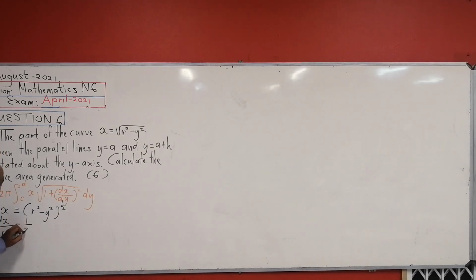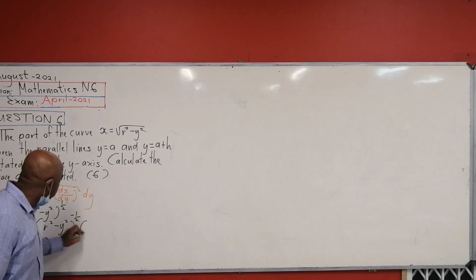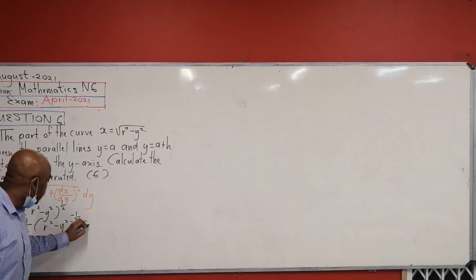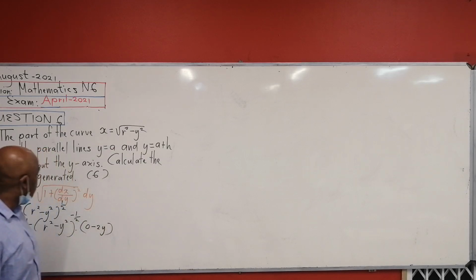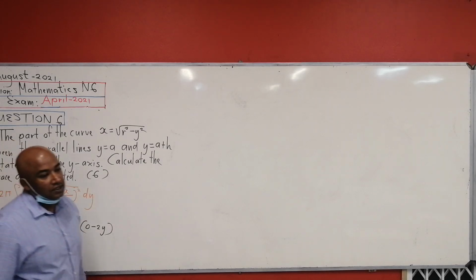So this is going to be half times (r squared minus y squared) to the power minus half, times the derivative. r is a radius, so the derivative of a constant is 0. The derivative of minus y squared is minus 2y. Clear with that? Now the 2 and 2 cancel, so I'm going to have minus y all divided by the square root of r squared minus y squared.